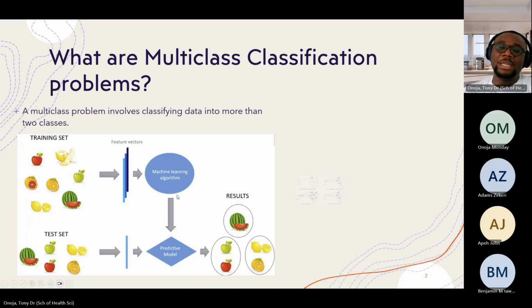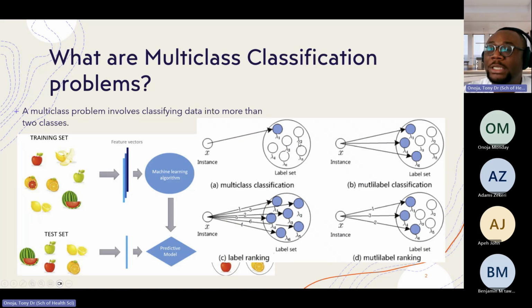So in this case, you have more than one class. When you map them into the label set, the instance could map to more than one class.